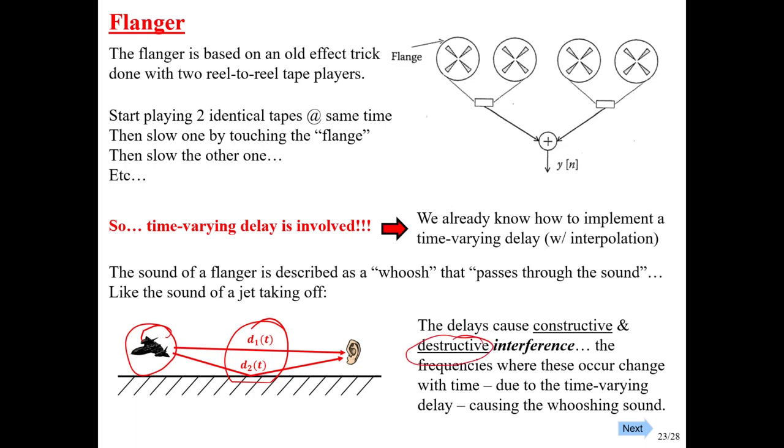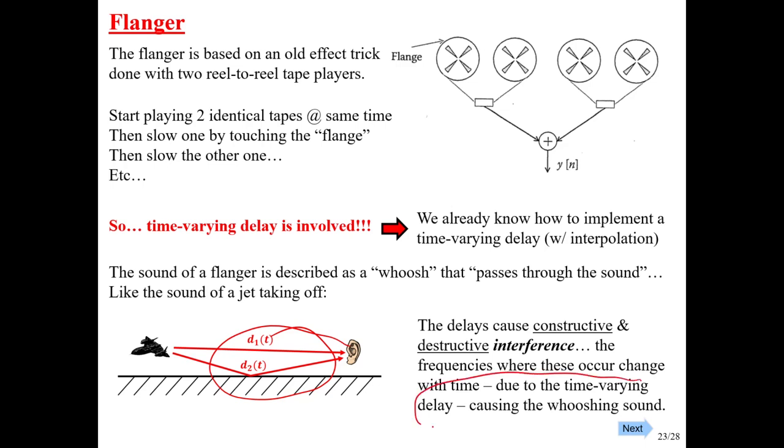But if when one goes up, the other one goes up, that's constructive interference. And so now think of sound being made up of many of these different frequency components. At some frequencies, you're going to have constructive interference happening, and at other frequencies, you'll have destructive interference. But as the relative delay changes, where those constructive and destructive interferences happen in frequency will change.